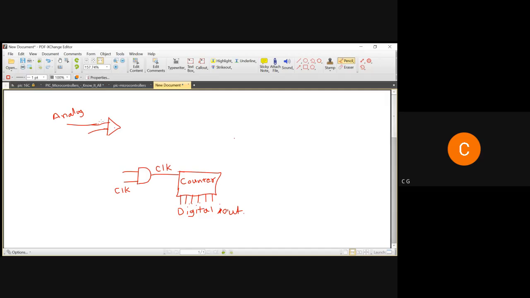So this is plus, and this is minus. Now we have a D2A converter, which is scaled with some signal.